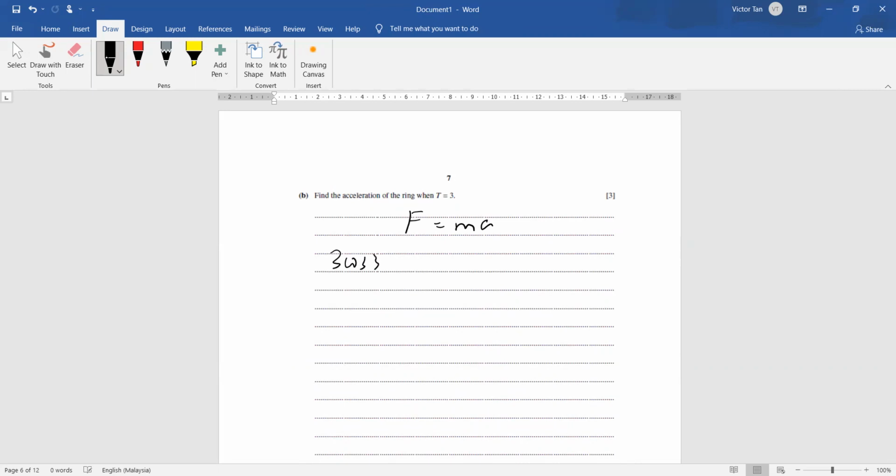So 3 cos 30 minus the friction, which is 0.8, equals 0.1 A. So 3 cos 30 minus 0.8. So in 3 significant figures, this is 18.3.